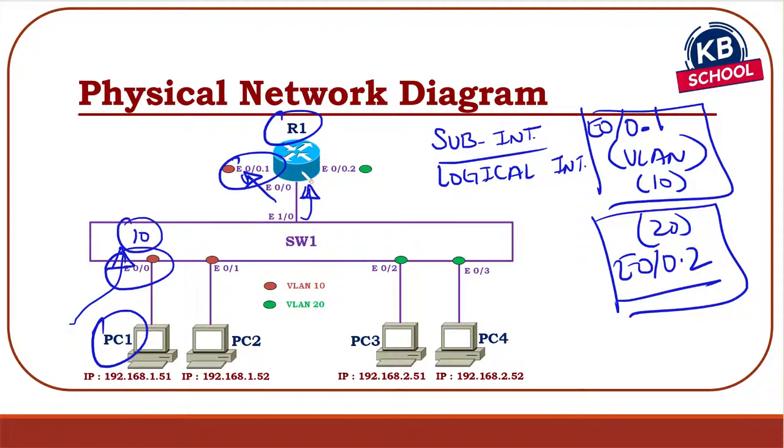When the switch forwards the traffic to the router, I want that tag to be maintained so that when it hits E0/0, E0/0 looks at the VLAN tag of 10 and forwards the traffic to E0/0.1.